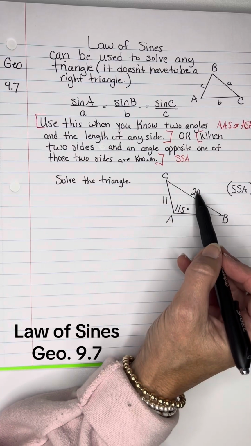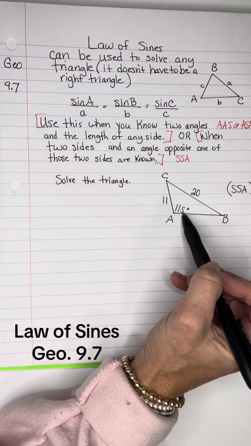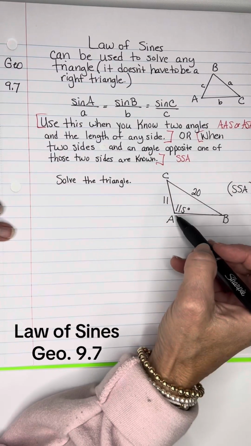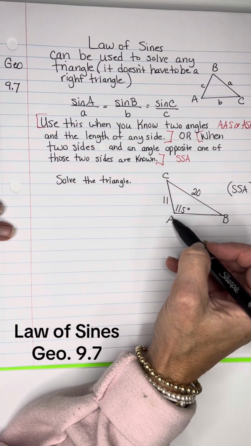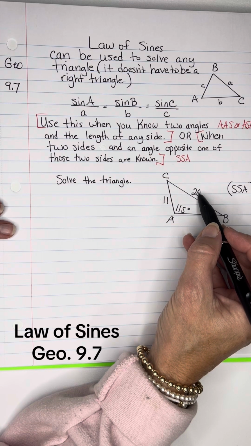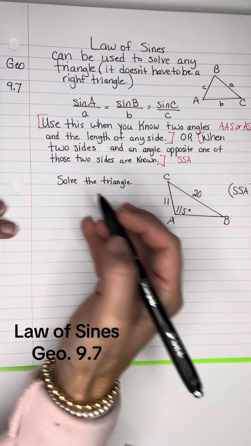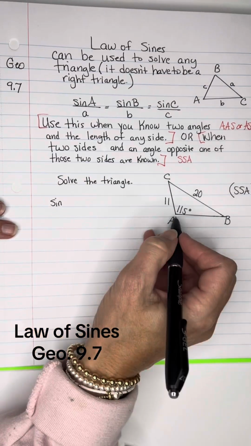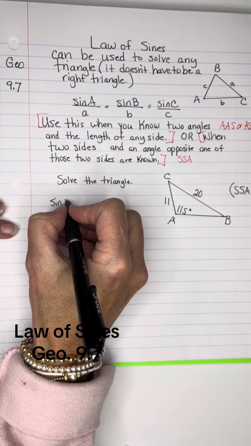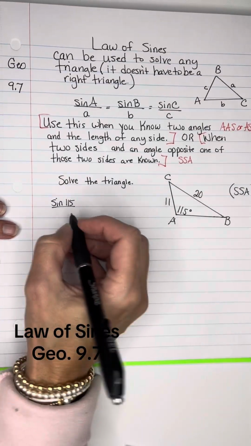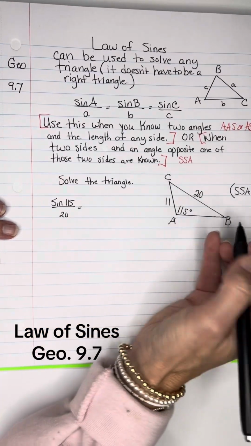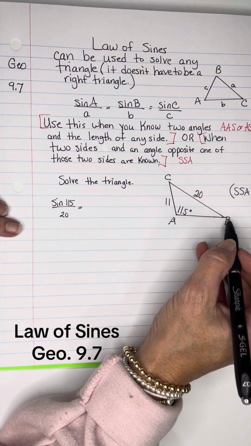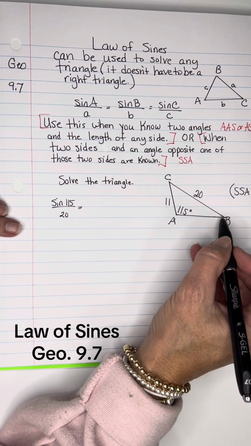I have a side and a non-included angle, so I get to use the law of sines here. Do you see how I know this A and the side opposite? I can write this as sine of A, which is 115, over the leg opposite, 20, will equal, and let's just say I'm trying to get the angle B here.